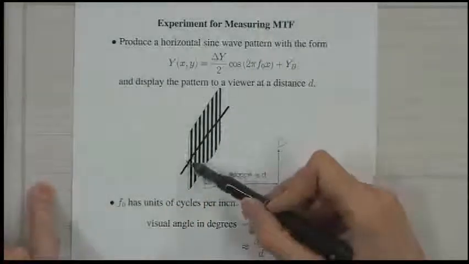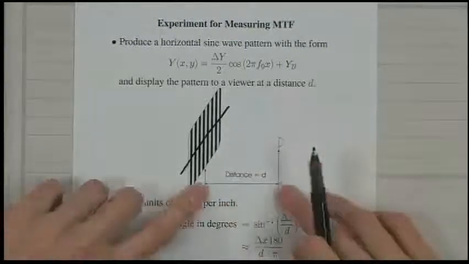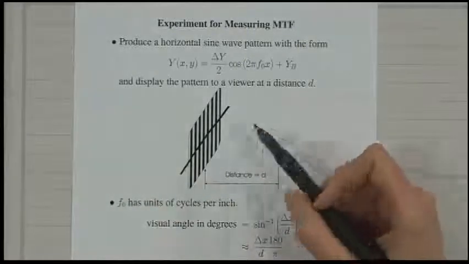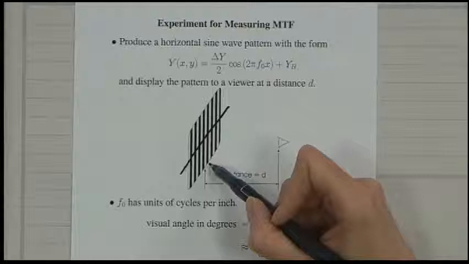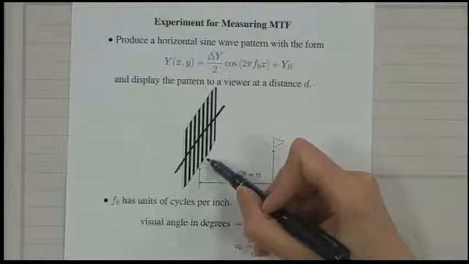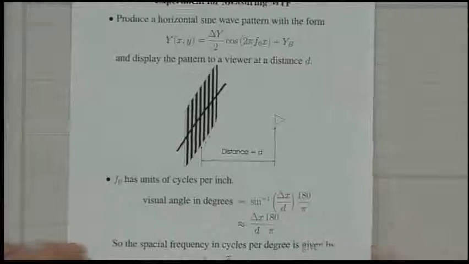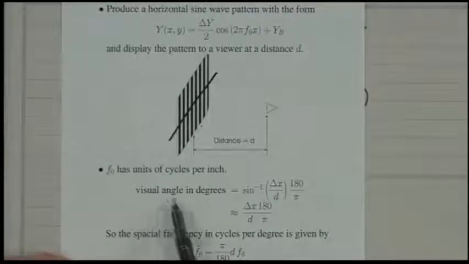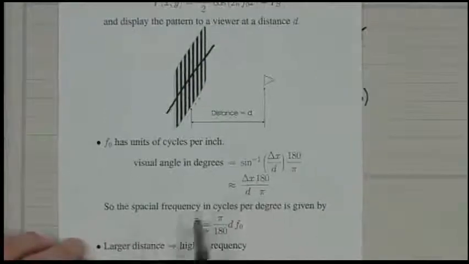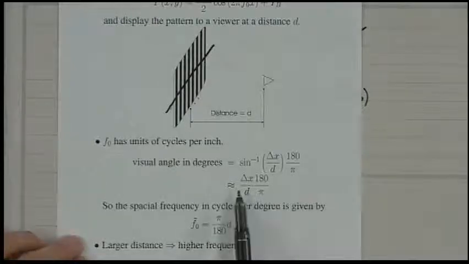So the better units to use, rather than spatial inches, get rid of this effect of how far away it is by instead looking at the change in angle in our visual field between these bands. The more common units are angle in degrees of our visual field, and the spatial frequency, rather than cycles per inch, represented in units of cycles per degree.